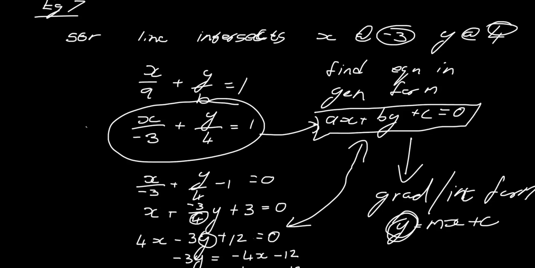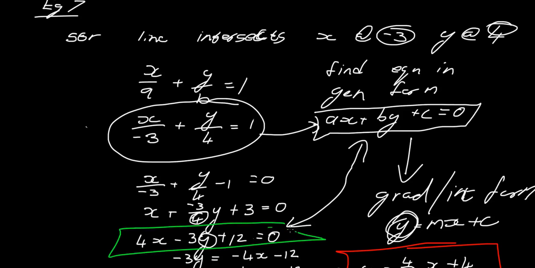Then we simplify, which gives us y equals 4 over 3 x plus 4. And there you go. You've now written it in the gradient intercept form.